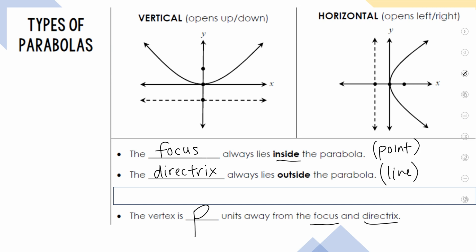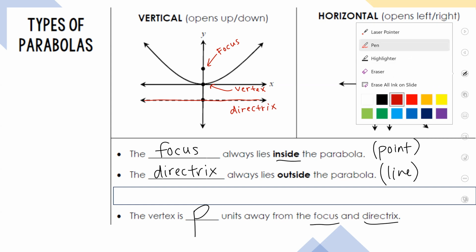So let's label our parabola real quick. This right here, we said is the vertex. This point inside of the parabola is called the focus. The line outside of the parabola is called the directrix. Now, let me highlight what I'm talking about.